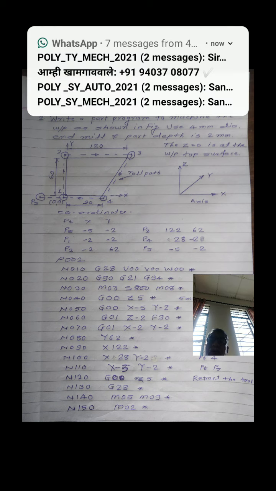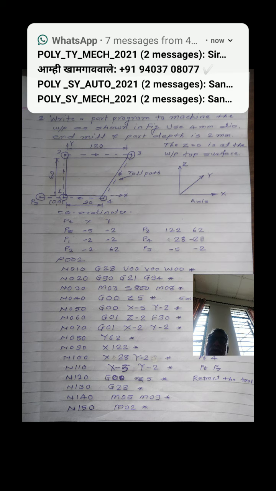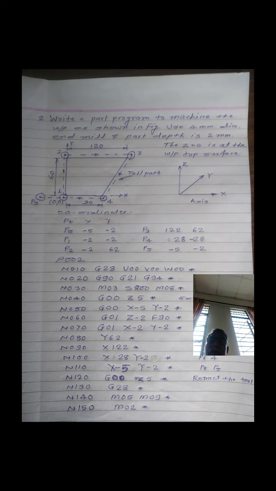Therefore, it is not necessary to mention the X coordinate in the next block. Also, G01 is a modal function. It also remains active in the next block, so in block number N080, you can just mention the movement of the tool along the Y-axis, that is Y62, end of the block. Is it okay? Y62.